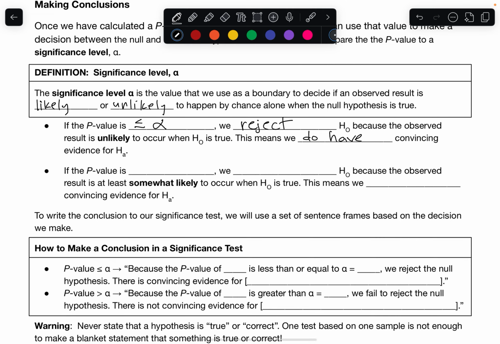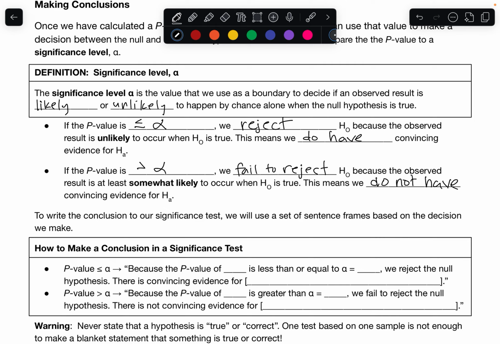If, on the other hand, my p-value is greater than my level of significance, we fail to reject the null. In this case, that means that it's somewhat likely to get samples like ours, assuming that the null is true. And that means we do not have convincing evidence for the alternative.